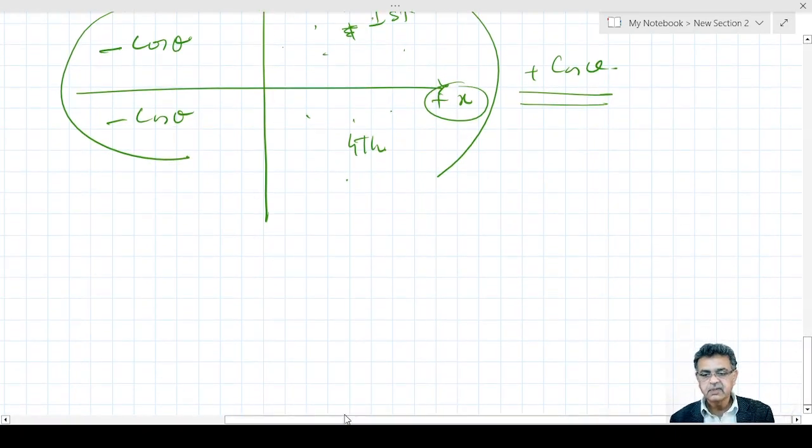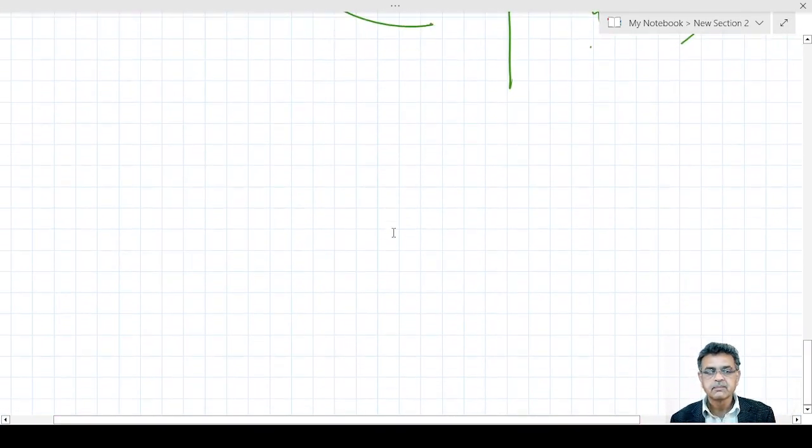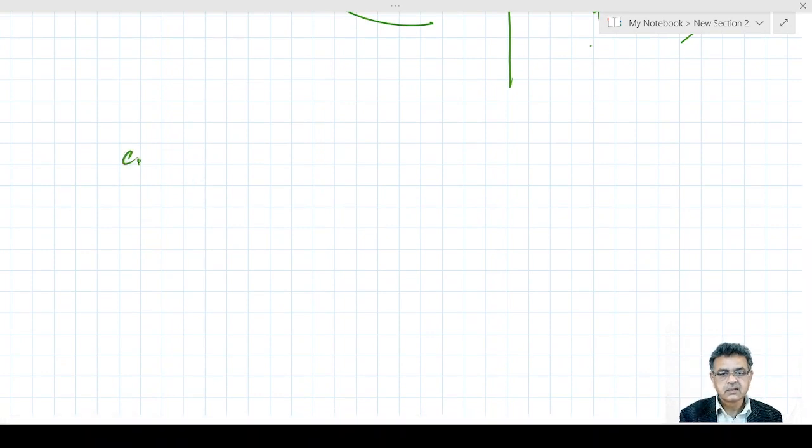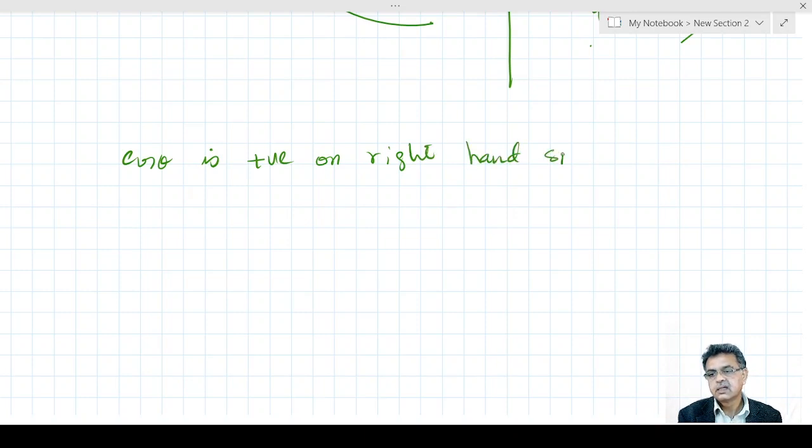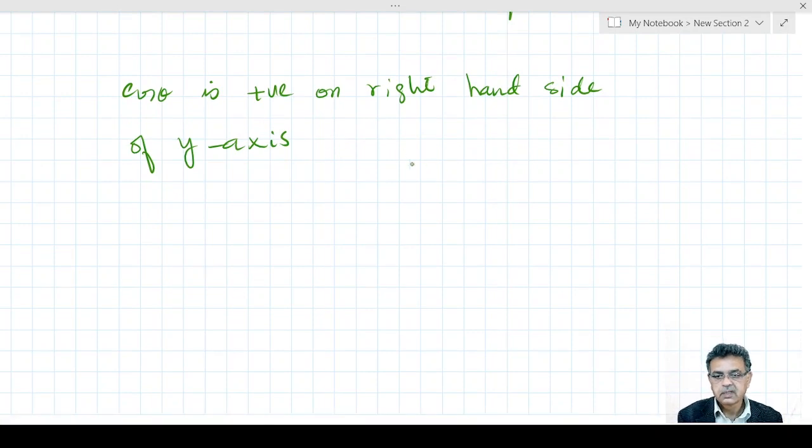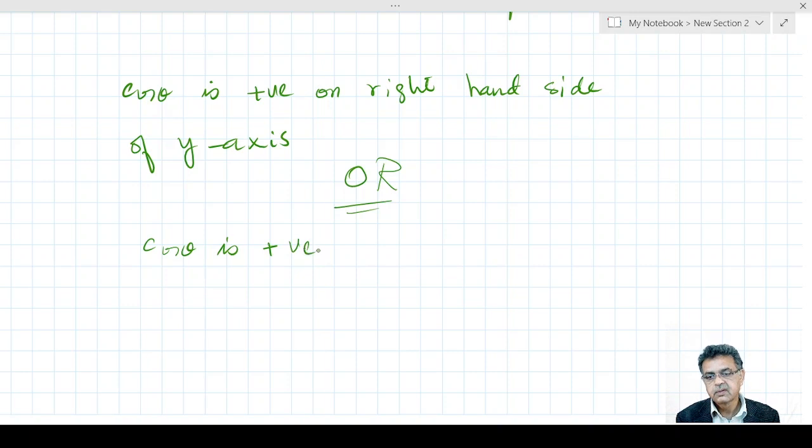So if I define it in words, I can say that cos theta is positive on the right hand side of the y-axis, or you can define the same thing as cos theta is positive where x is positive.